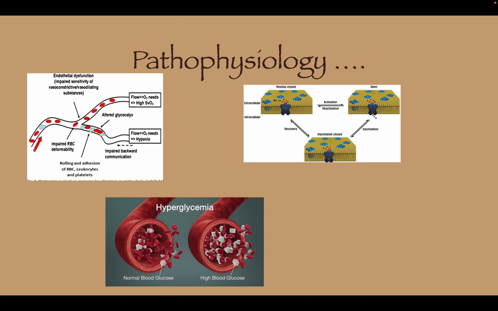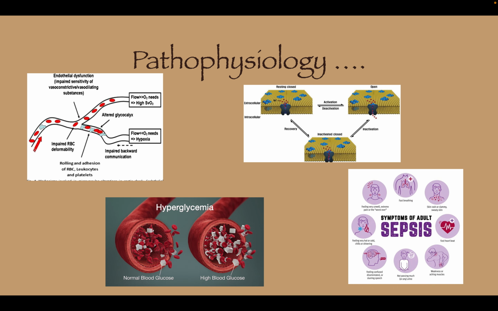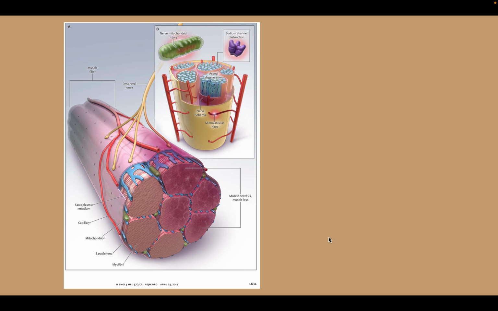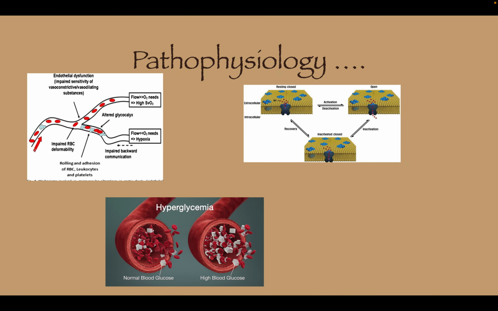And of course, as you could see, there are channels which are inactivated and closed, and this can also be one of the contributing factors, along with the sepsis continuum. You will have multi-system problems related to all the other systems, including the CNS, CVS and endocrine.